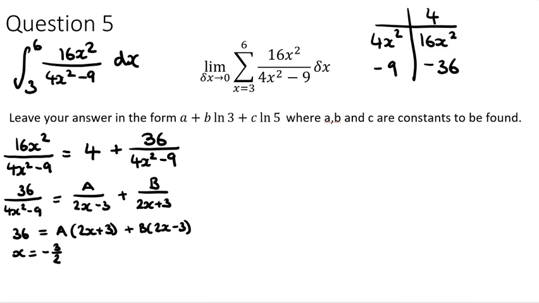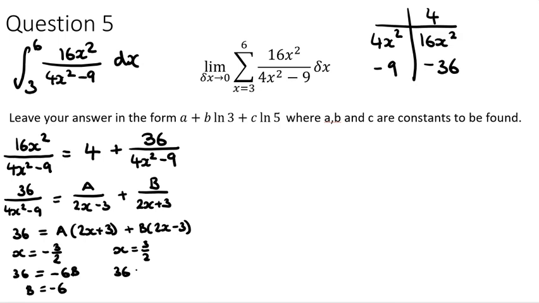Then you sub in x equals minus 3 over 2, because that will eliminate the A. So we get 36 equals minus 6B, so B is minus 6. And if you sub in x equals 3 over 2, that will eliminate the B, because you'll just get a 0 in the bracket there.